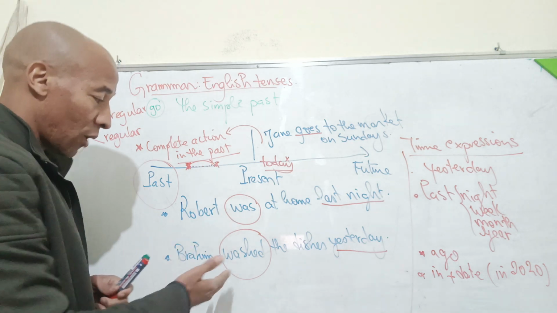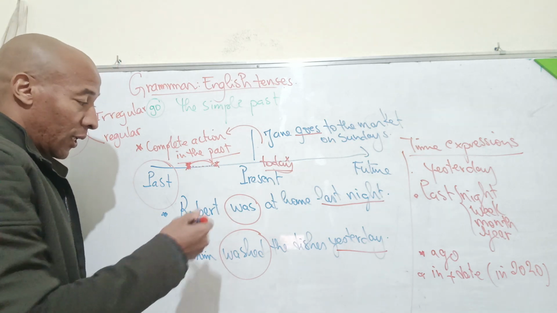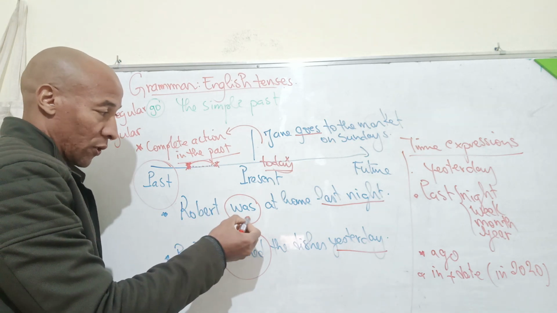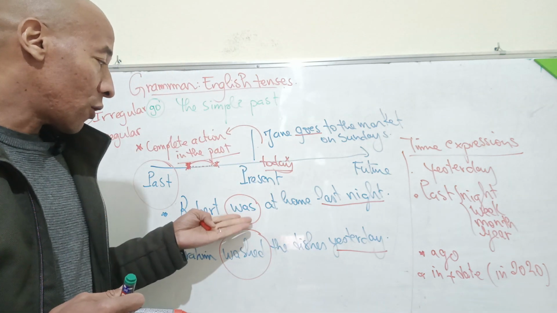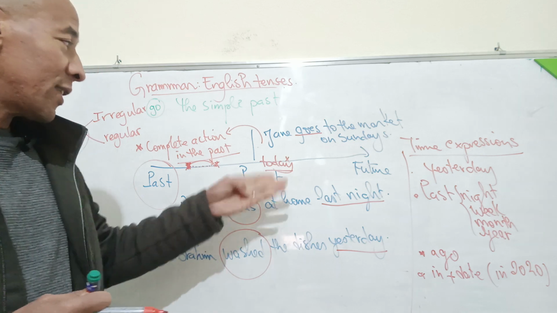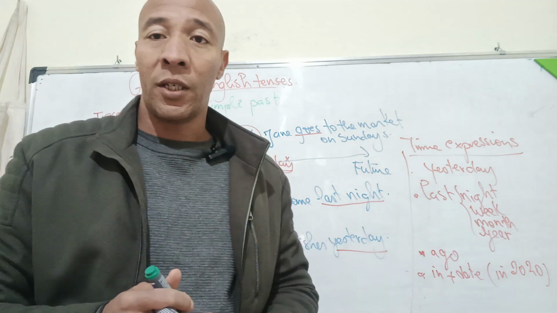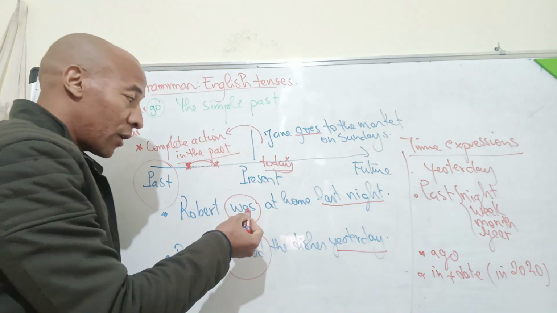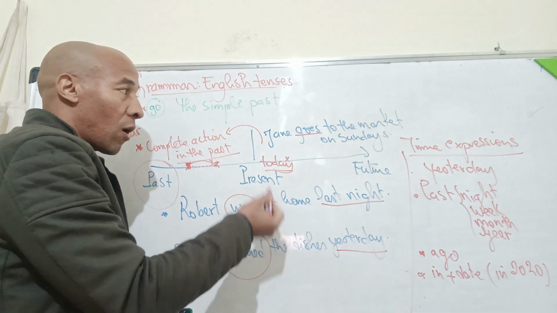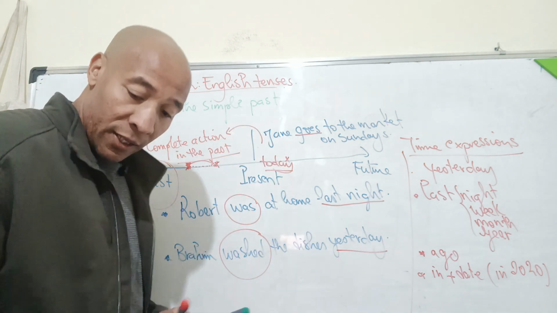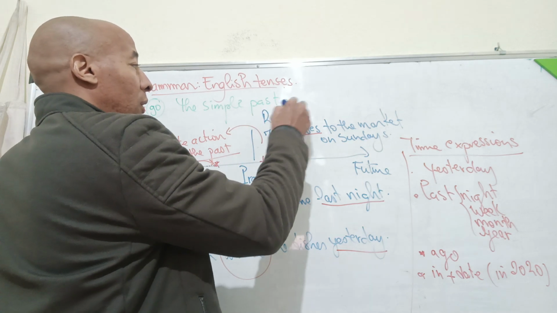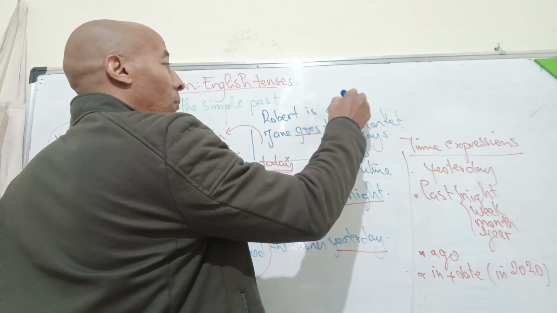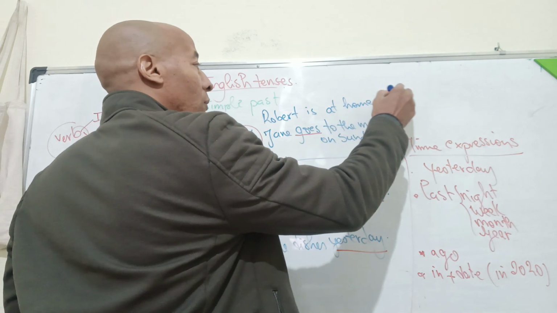Now, let's go back to our example. So here, Robert was at home. Now, if you want to turn this into present, what would we say here? In the present simple, we say Robert, instead of was, we'd say Robert is at home now. Very good.